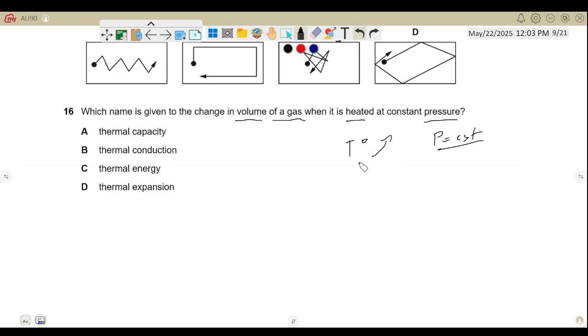When we heat a certain gas, it's actually experiencing expansion. So is it thermal capacity? It's not. Is it thermal conduction? It's not. Is it thermal energy? It's not. But it is thermal expansion. Thermal because we are heating it, expansion because the volume increases as much as we heat this gas. So the answer for us is D.